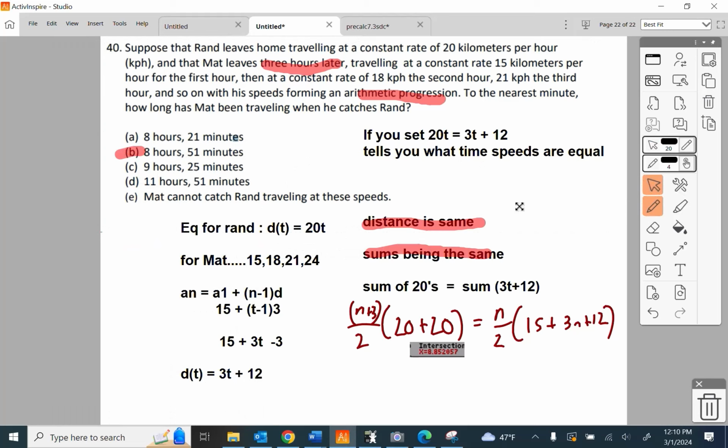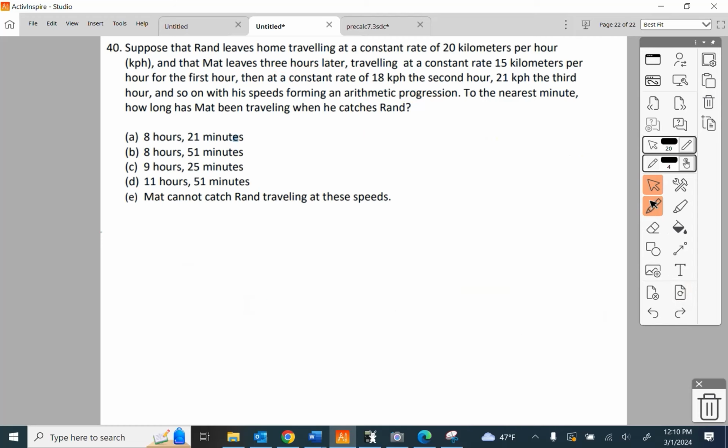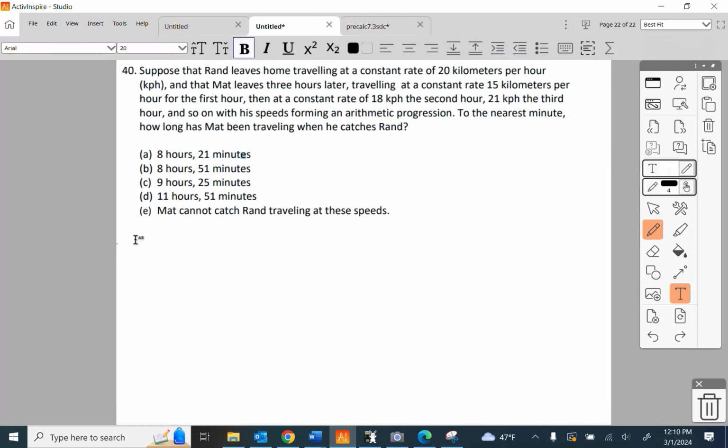I'm a little curious if we can get through this by kind of cheating our way through it, by just writing out the distances that are traveled. Now remember, Rand has a head start, so he covers 20 kilometers, then he covers 40, 60, 80, 100, 120, 140, 160, 180, 200, 220, 240, 260.